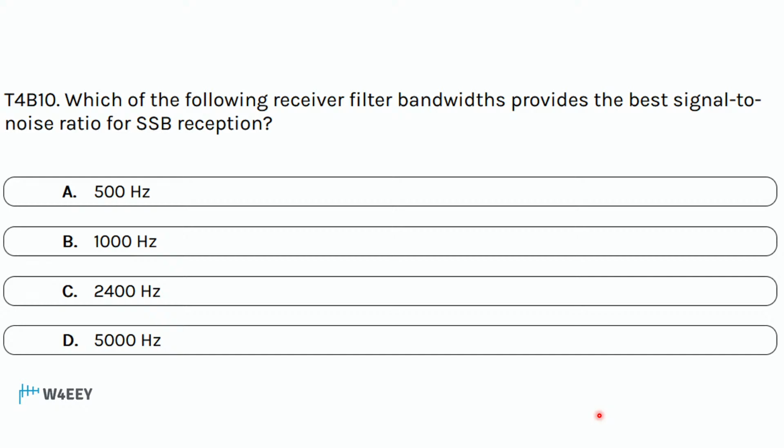So which of the following receiver filter bandwidths provides the best signal-to-noise ratio for single sideband? From these choices, what would be the best answer?